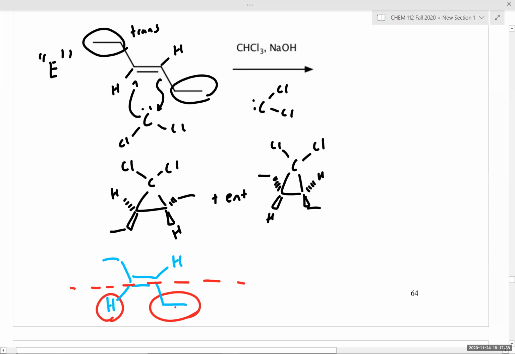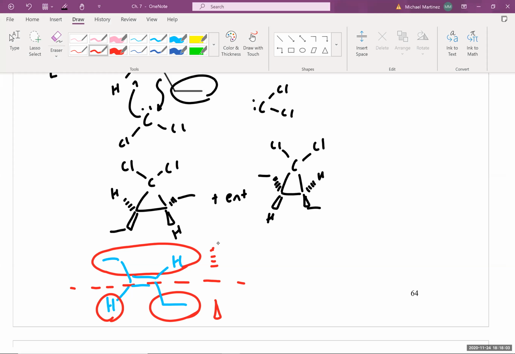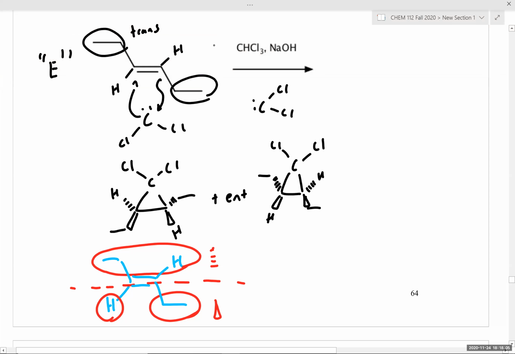Anything on the bottom side of the dividing line will get a wedge. Anything on the top side of the dividing line gets a dash. That's one method of drawing the products for this cyclopropanation reaction. I don't personally like this shortcut, and I would prefer that you validate your product stereochemistries using a model kit.